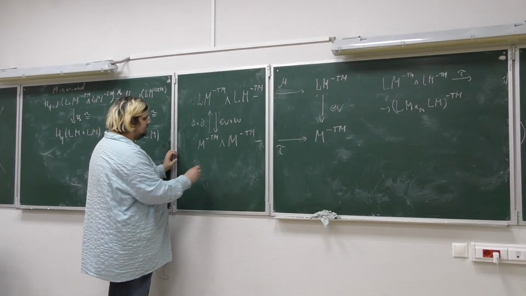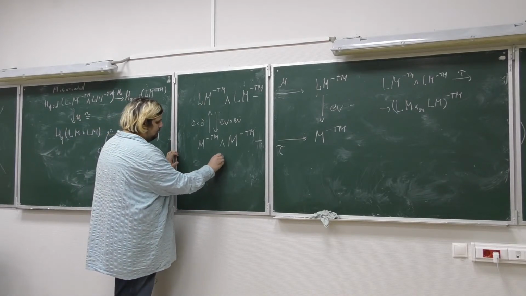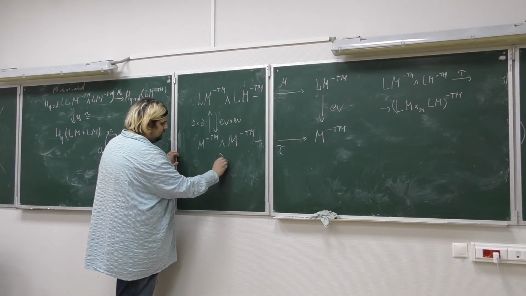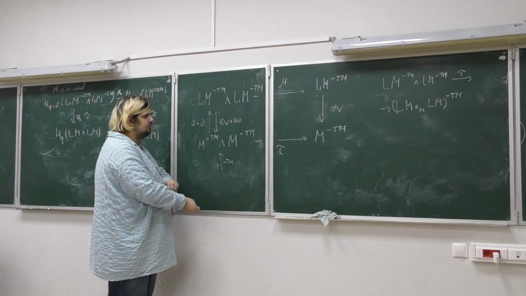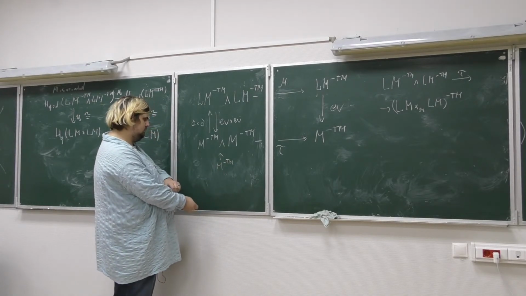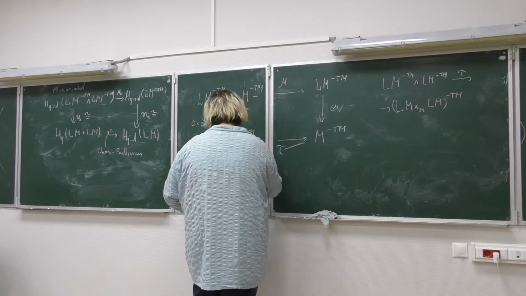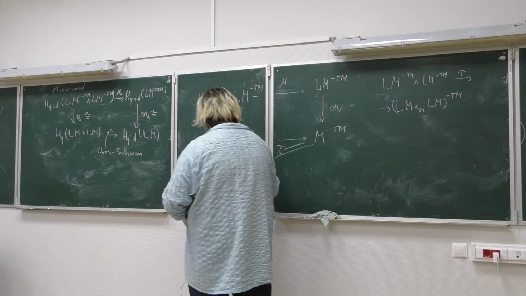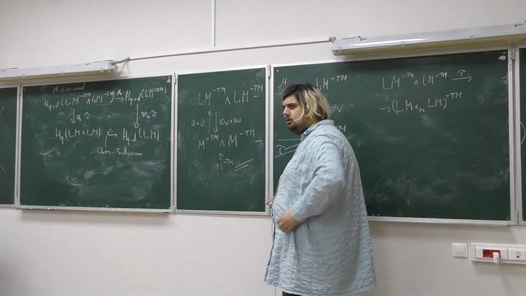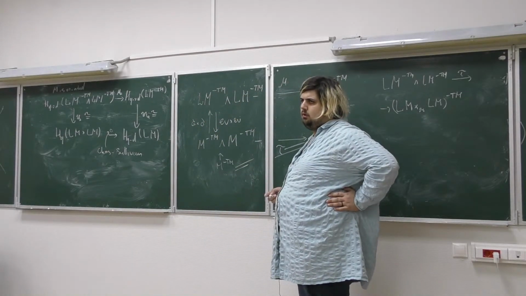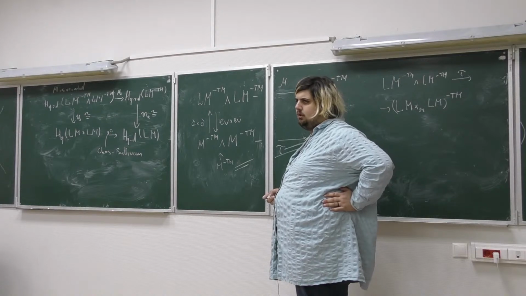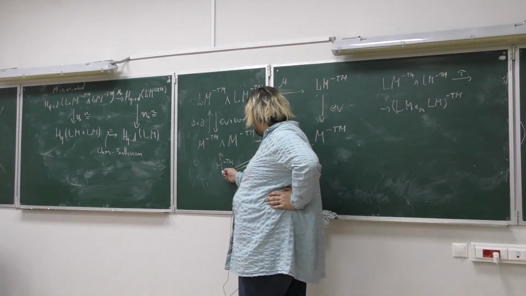So certainly if we consider a map from M to the power minus TM, I think that a diagram like this should be commutative, right? This is what I was saying.